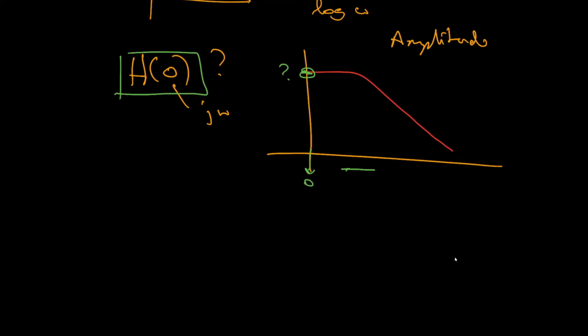Okay. All right. So I'm going to have a system. Let's have a system H of S. And I'm going to apply a step input to it. So I'm going to have an input called X0, and I'm going to apply a step input, right? In the Laplace transform, that step input is delta X0.